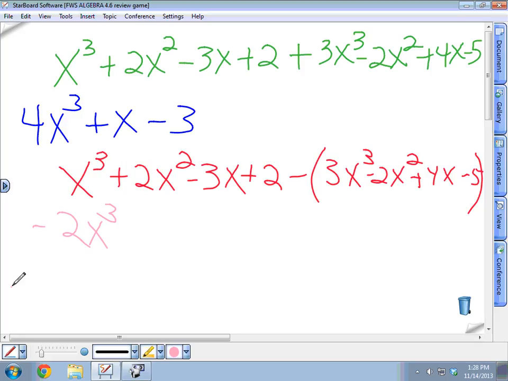I can't hear you. Well, we gotta do the x squareds first. What do you have here? Plus 2x squared plus 2x squared is plus 4x squared. Guys, remember that when you're subtracting this whole quantity, you're adding the opposites. Okay? Now you can go ahead with the x's.